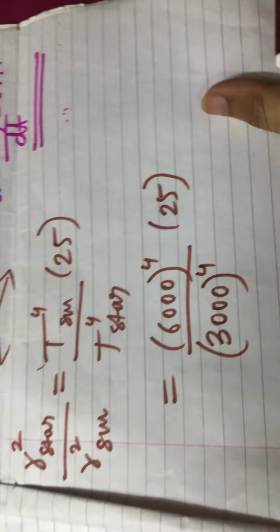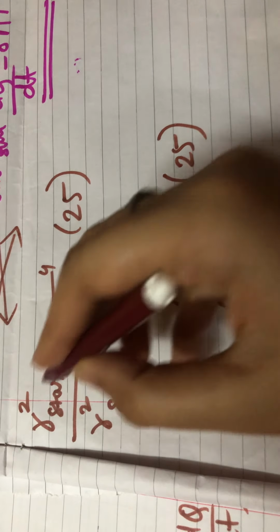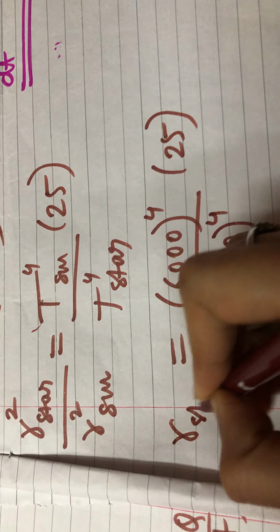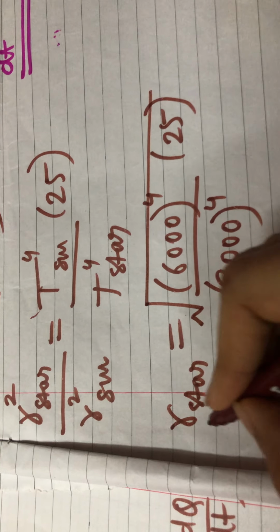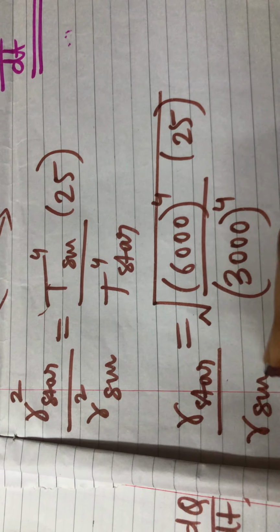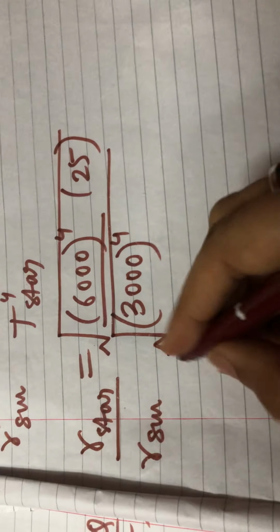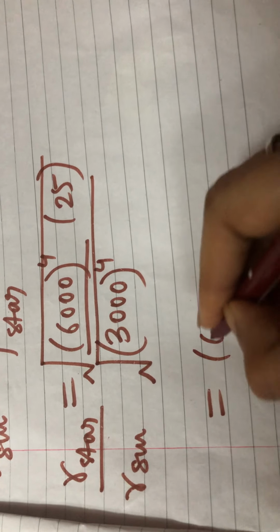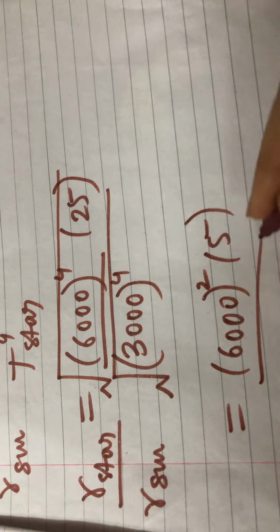Now again the calculation, and since we have square over here, we'll take the square root. Okay, this becomes our radius of star, and here we'll be having square root. This is radius of sun, this square will go over here and we have a square root over here. So how will these terms come out of the square root? 4 times, so 2 times comes out. This is 6000 square, and for 25 it is 5.